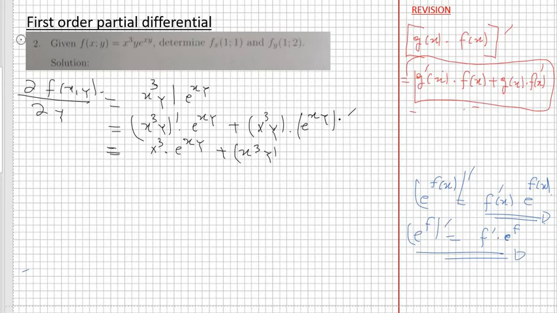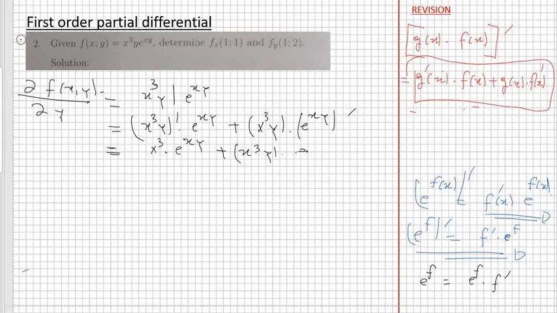And the next part is to derive e^(xy) with respect to y. So I'm going to apply this formula again. We need to know the derivative of e to the power of a function. First repeat e to the power of f, and then you multiply it by the derivative of the function. So the function is xy.